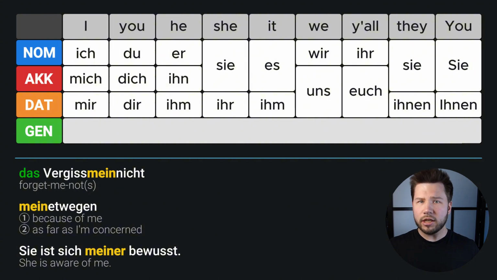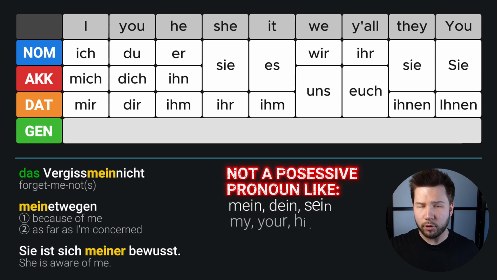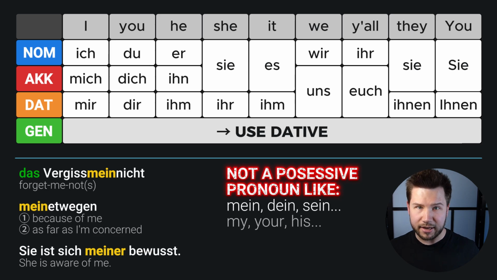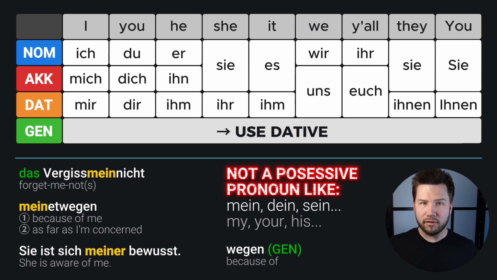However, nowadays, the genitive personal pronouns are not used anymore, formally or colloquially, and they could lead you to mistakenly believe that this is a possessive pronoun like my, your, or his, which it is not.